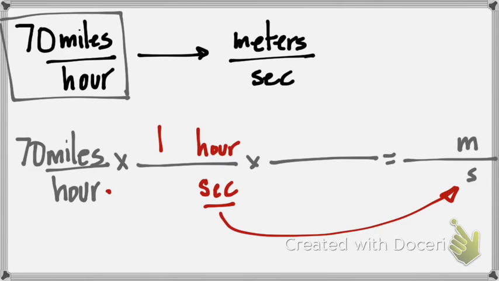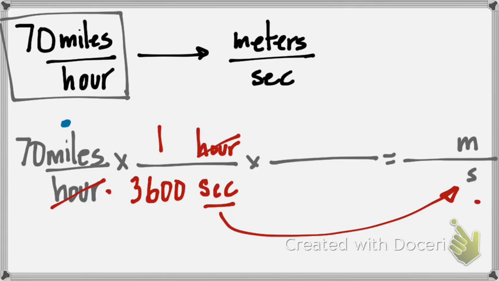So I have to make my equality statement. 1 hour equals how many seconds? And no, it's not 60, it's 3,600. So I've got my time dealt with because this hour is going to cancel. And my second, again, shows up again at the end. So we're happy there.